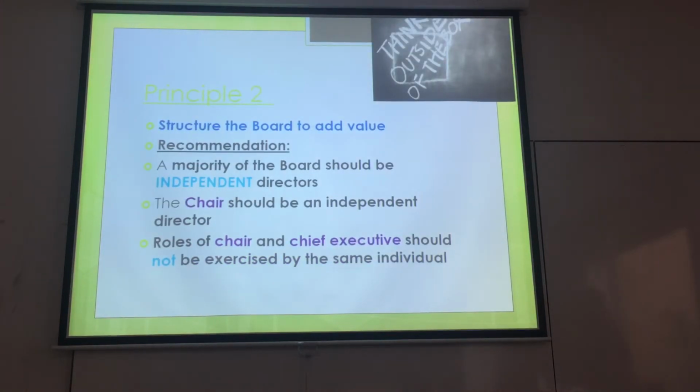Principle 2 is to do with structuring the board to add value, so having people on the board that are going to do a good job, basically. The majority of the board should be independent directors. Can't stress that one enough. Why is that so important? Whenever we've had frauds take place, it's virtually always been because there haven't been enough genuinely independent directors on the board.